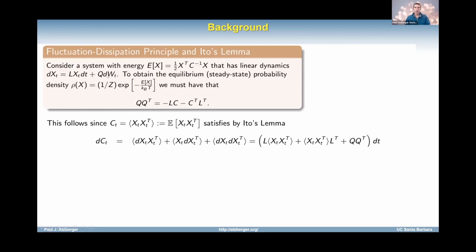You can see that the dW_t and X_t terms will basically give me 0. So the only term that's going to survive here is LX_t. So I'll have LX_t X_t transpose. Similarly for the other expression. And then this is the interesting one where the rules from Ito calculus really come through. You'll see that this will give me QQ transpose times the identity because of the nature of how those increments in Brownian motion are treated.